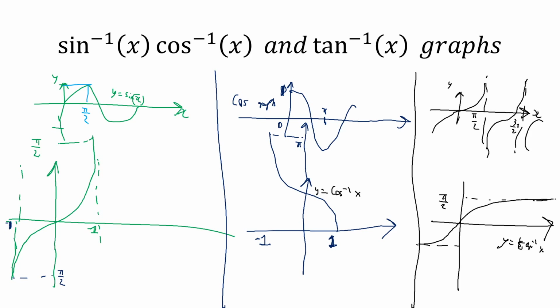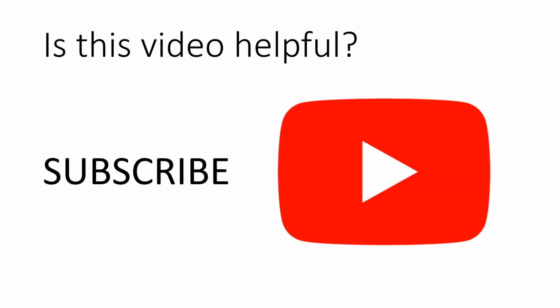Why? Because at the points at which it is pi over 2, you can't have a value for tan x. So those are the 3 graphs that you have to know. Is this making any sense?